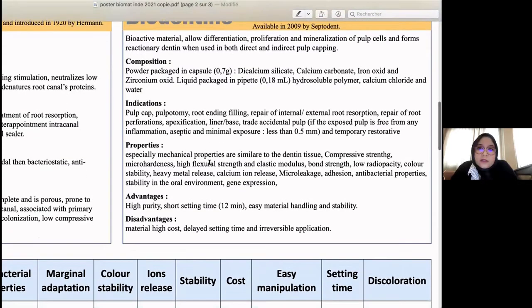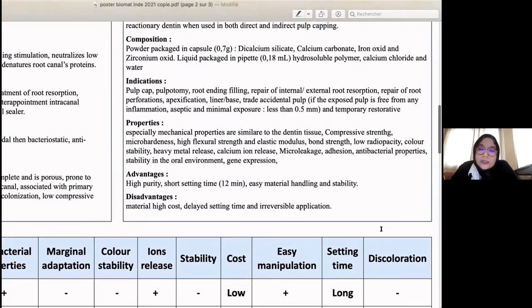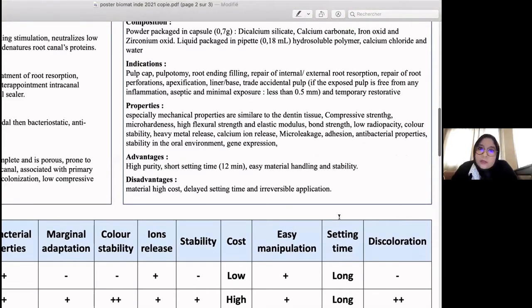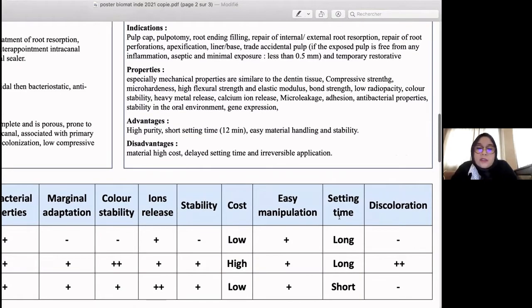The thing that differs is the composition. Biodentine is composed of dicalcium silicate, calcium carbonate, iron oxide, and zirconium oxide. It also contains a liquid pipette, which is a hydrosoluble polymer. It's indicated for the same indications as the two previous materials, with the same properties.